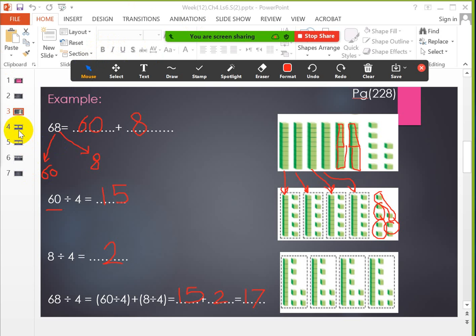What's your question, please? Write your question in the chat. Do you want me to repeat any example, Kenzie? Okay, Kenzie, what's your question?